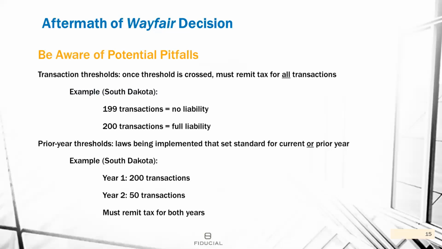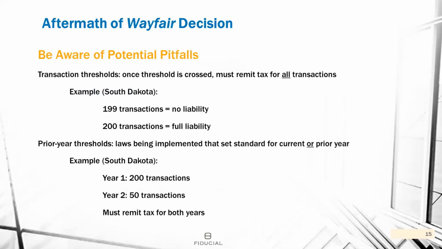Another potential pitfall is that the way many of these laws are written, the thresholds can relate back to the prior year. They can apply to the current or prior year. And I've put an example here that illustrates that. Again, applying South Dakota law, say in year 1 you had 200 transactions going into South Dakota. Well, we know already you would have to remit sales tax for those 200 transactions in year 1.